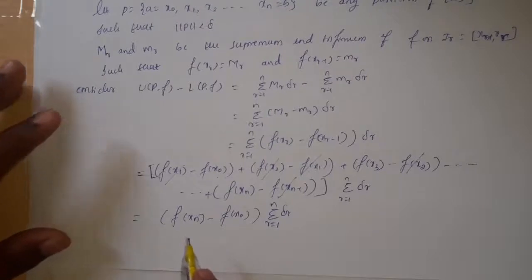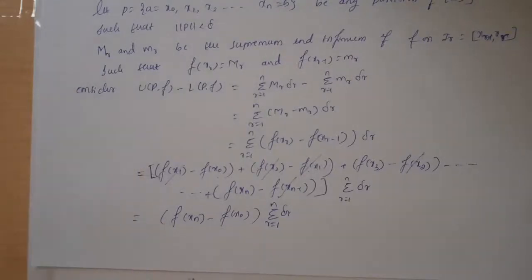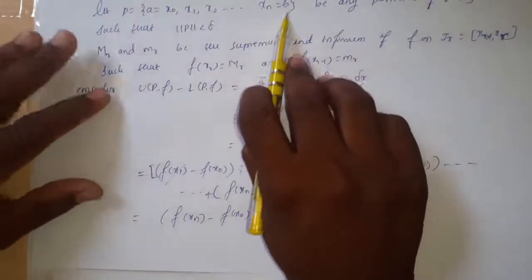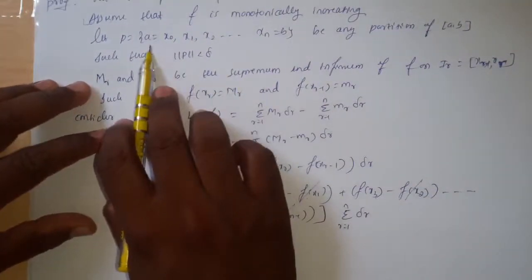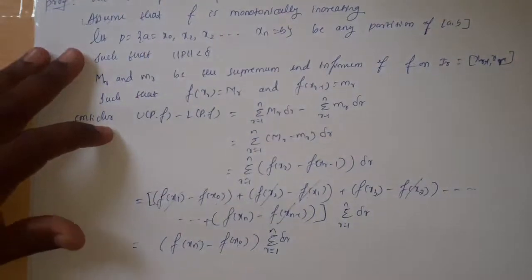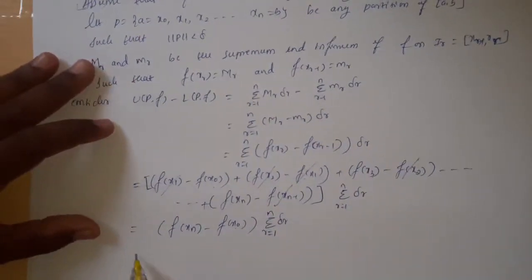So, here f of xn can be written as f of b, because in the partition xn equal to b and x0 equal to a. So, therefore, x0 can be written as f of a and f of xn can be written as f of b, and this is less than f of b minus f of a into delta.